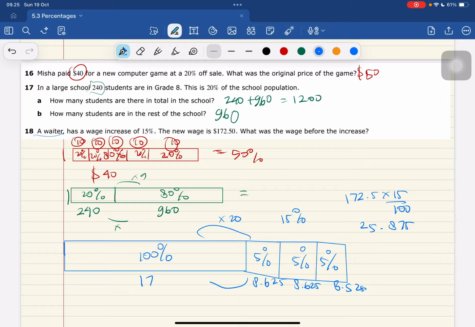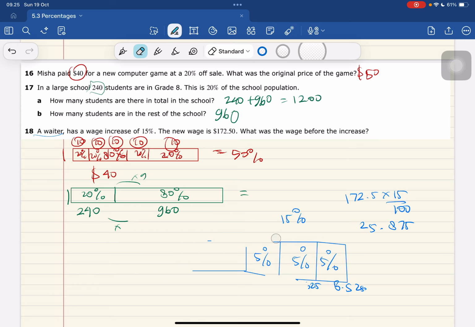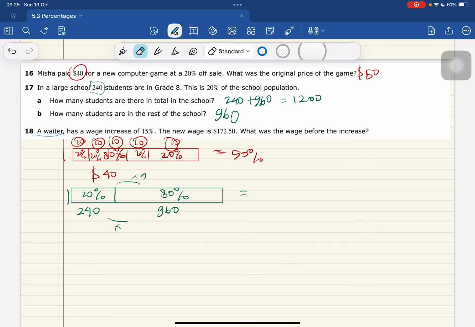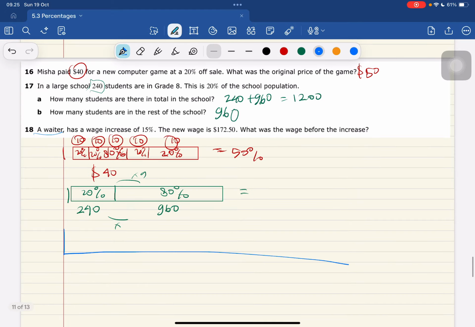No, not this way. So first we need to find it. So this is the wrong way. If it has increased 15%, so it's going to be 115. Okay, this is correct. Let's check it before the answer.